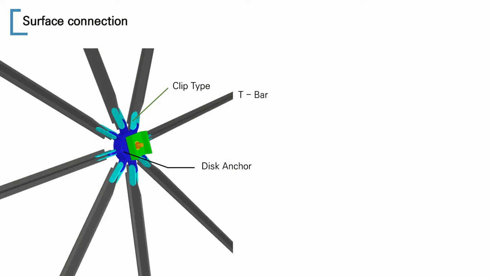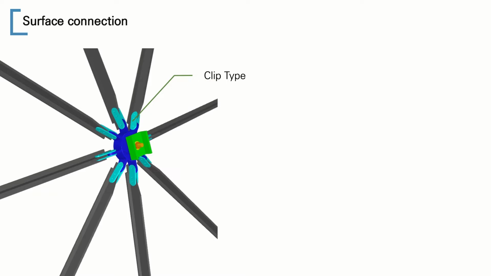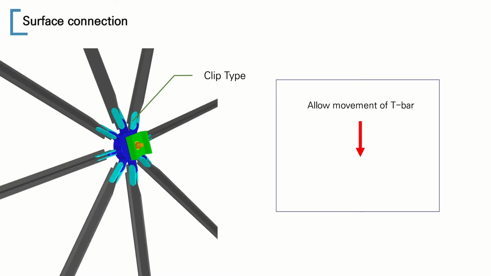The steel frame used is a T-bar, which is connected to the disc anchor through a clip. The clip is a pin member which is free of restriction on two-way movement. It allows some movement of members, so this complements the disconnection of the vertexes.